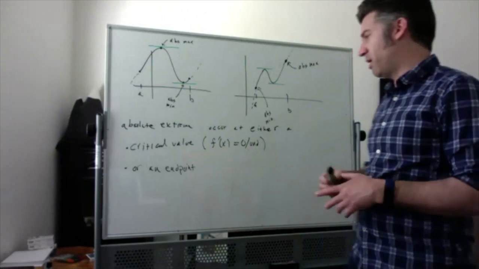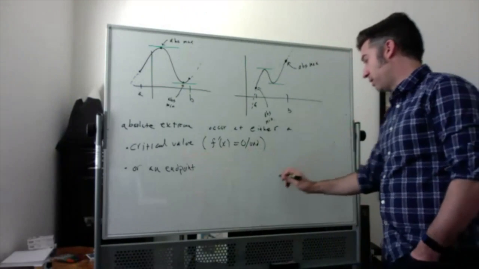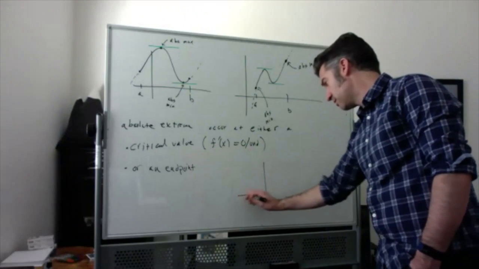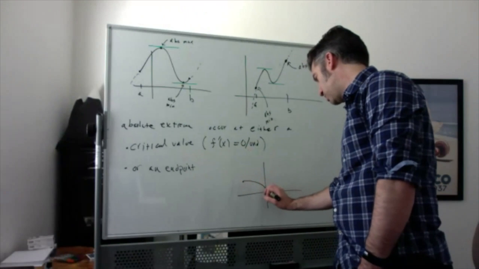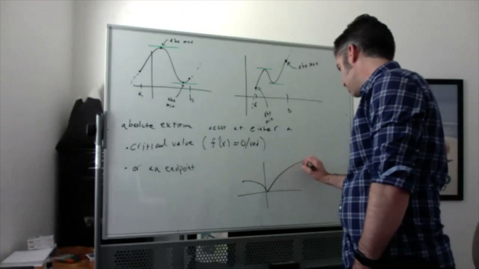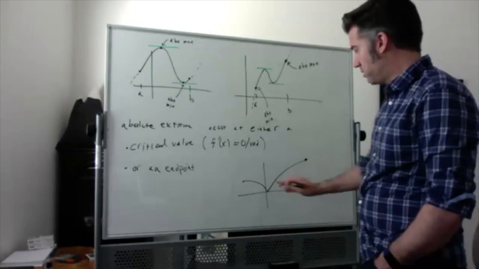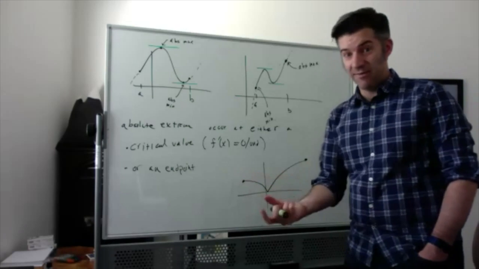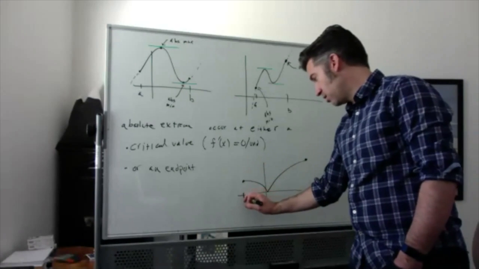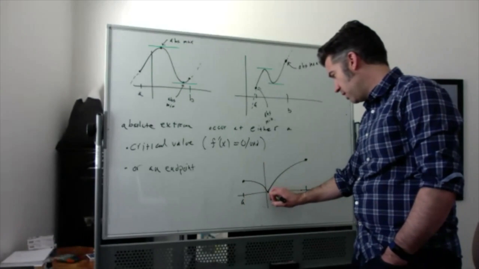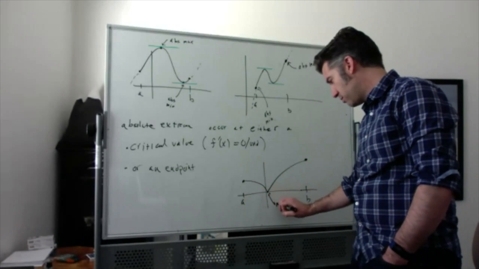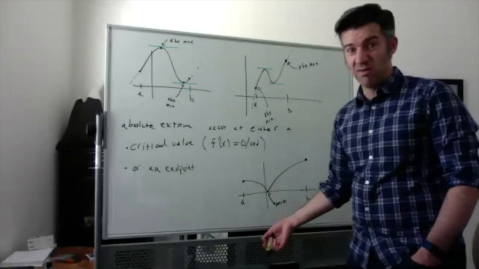Let me draw one more picture just to point out that you could have something like this. You could have, sure, a function that does this. We'll actually look at this example. Here's the function, definitely continuous on the interval from A to B, and it has a minimum right there where the derivative is undefined, right?